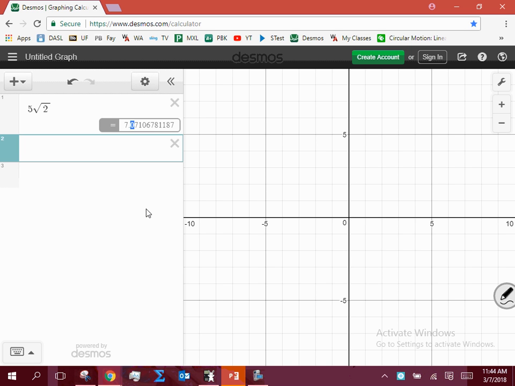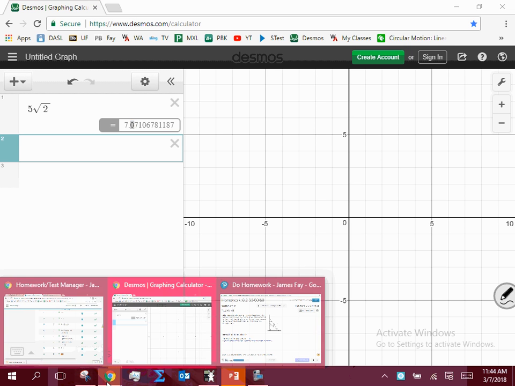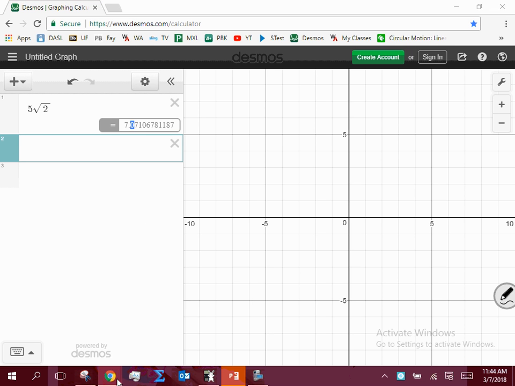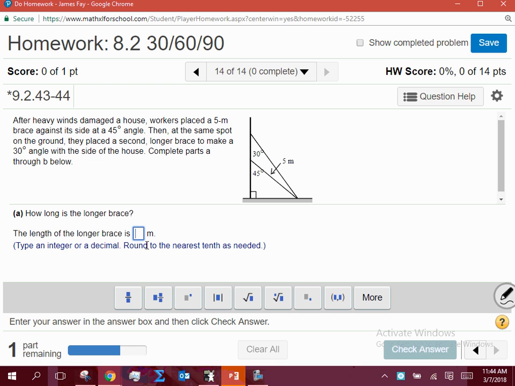So what do I round to? 7.1. Okay, so get back here, type in 7.1. Obviously, that makes sense because this was 5. We know this is going to be longer. Okay, that answer makes sense. This 45 and this 30 are not drastically different, or the 45 and the 60 down here are not drastically different. So I know that my answer is not going to be like 30. Does that make sense? It's going to be close to 5.